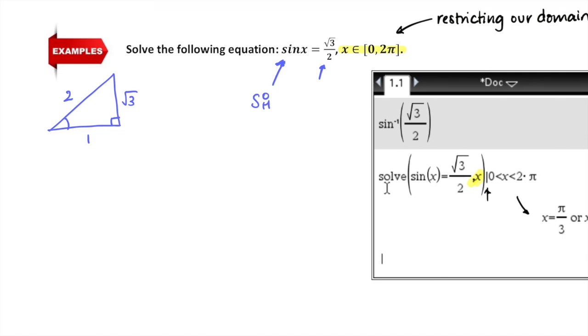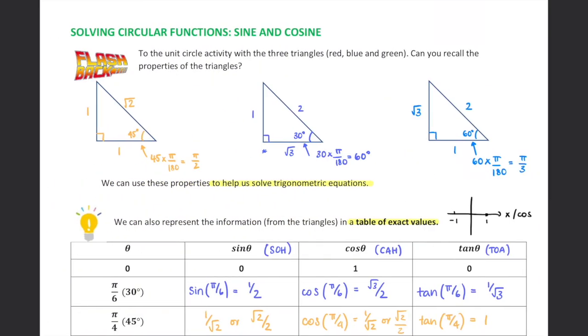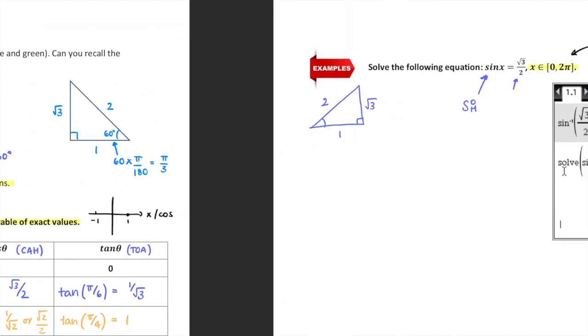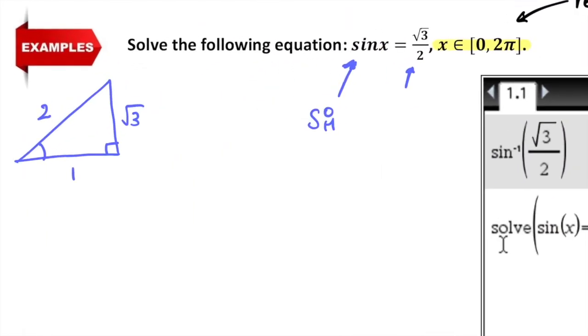And if we go back to our 3 triangles, the triangle that best matches this is the one that has the angle pi on 3. So my reference angle here is going to be pi on 3. So now, what that means is that sine pi on 3 is equal to root 3 on 2.